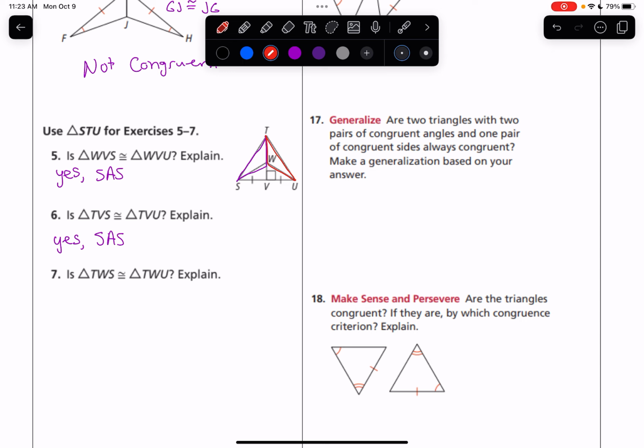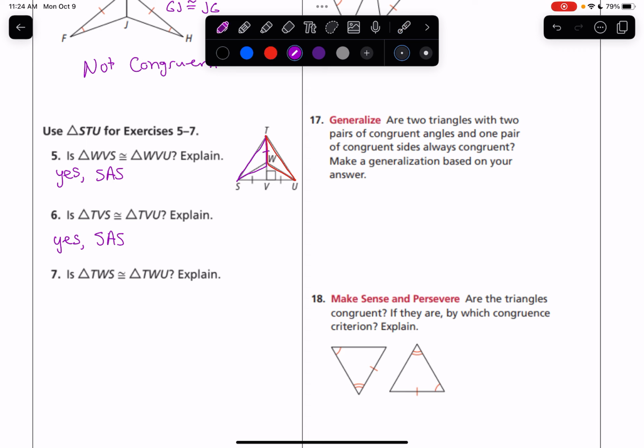Depending on how we look at this, if we're using 5 and 6 beforehand, then yes, of course, these two triangles would be congruent because we could say that their side lengths were congruent, and then we could use side, side, side. But if we were not using the information from 5 and 6, which is what we want to do here, then I see a shared side, TW, that is congruent to itself.